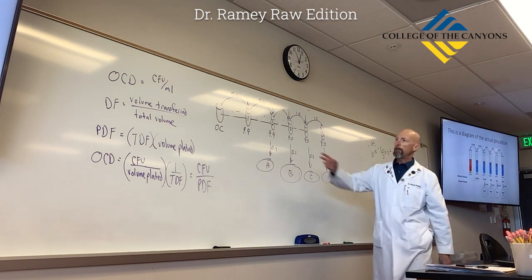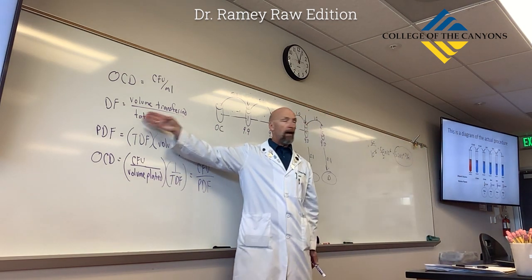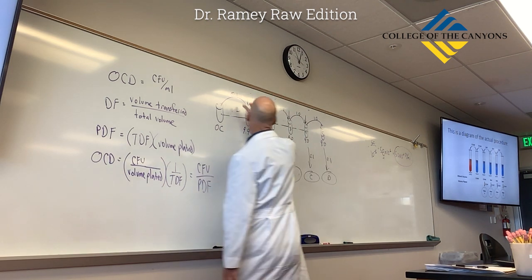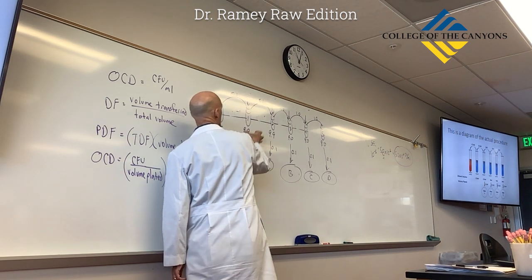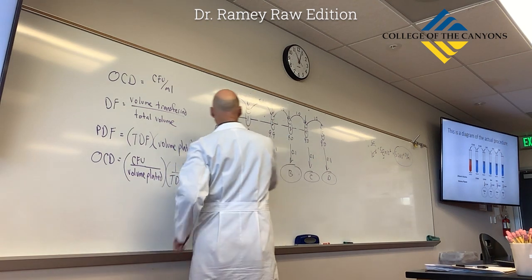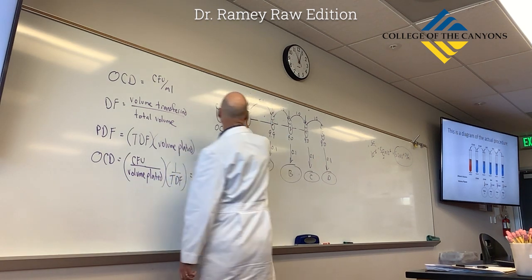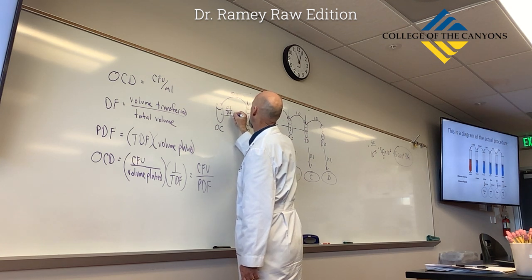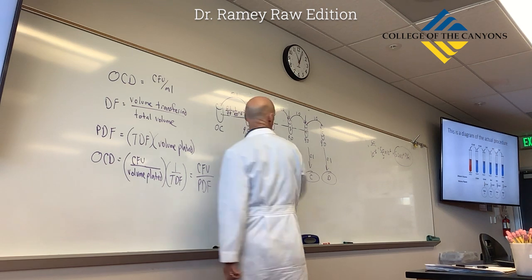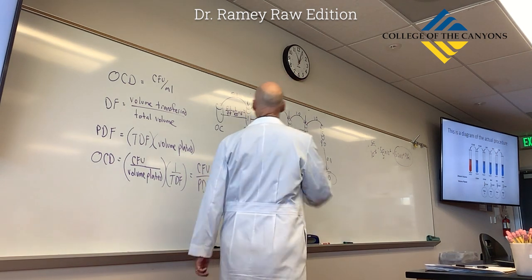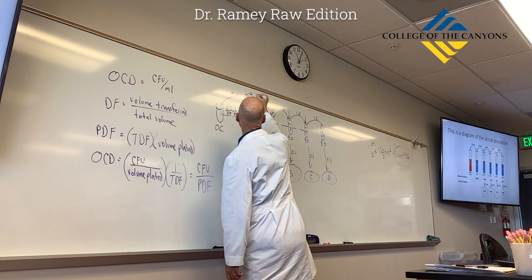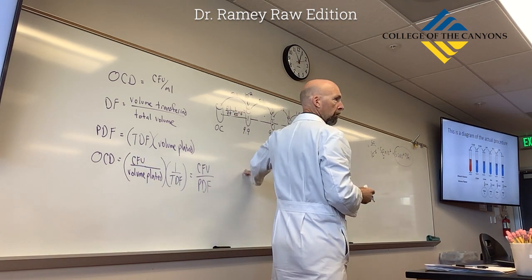Using the formula for the dilution factor, volume transferred over total volume, we've got a 0.1 mL transfer into 9.9, so that's 0.1 over 10. That's 1 over 100, which is 10 to the minus 2. Since that's the first tube, the TDF of tube number 1 is 10 to the minus 2. There's no plate from that tube.